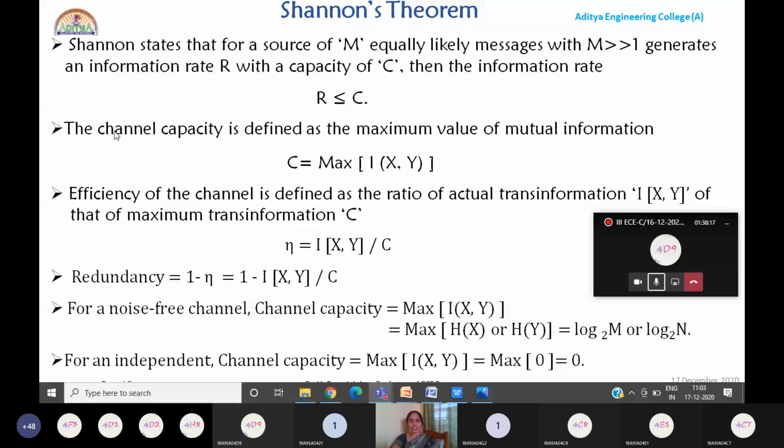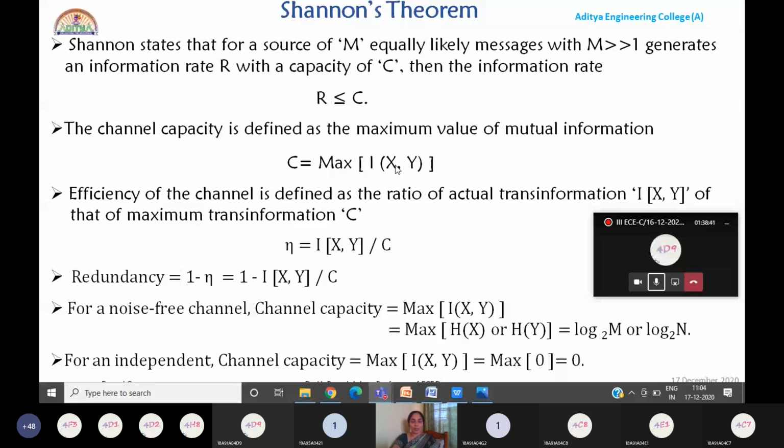Now let us move to the relation between the channel capacity and the mutual information. He also stated that channel capacity is defined as the maximum value of mutual information.